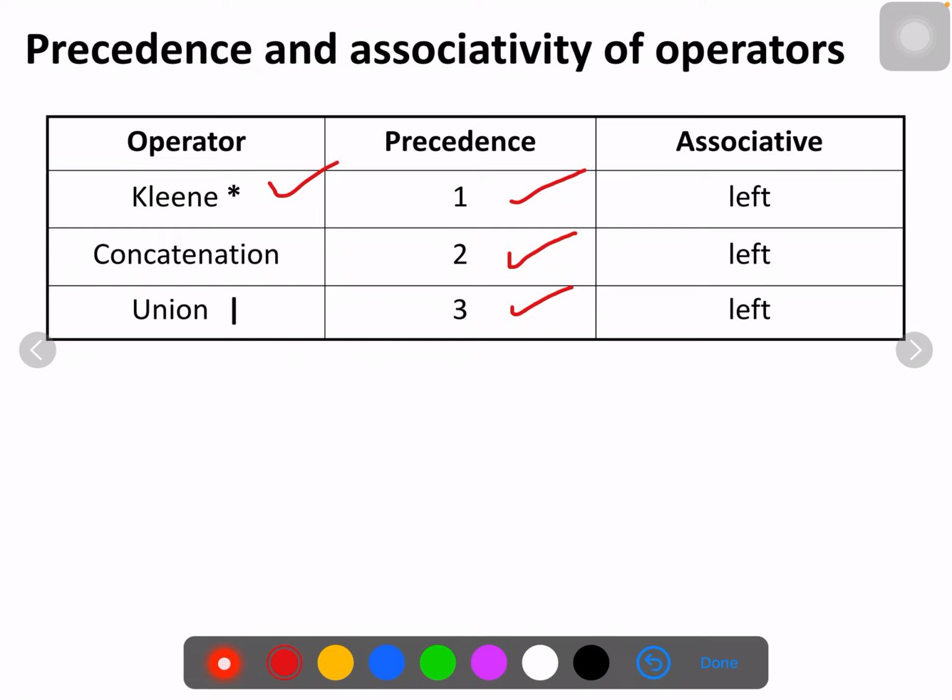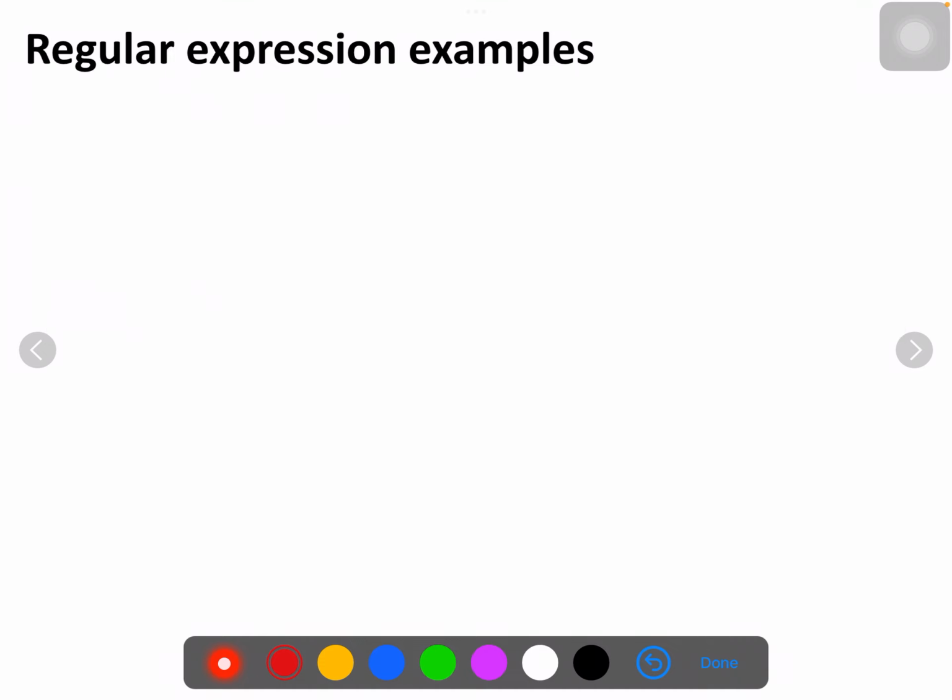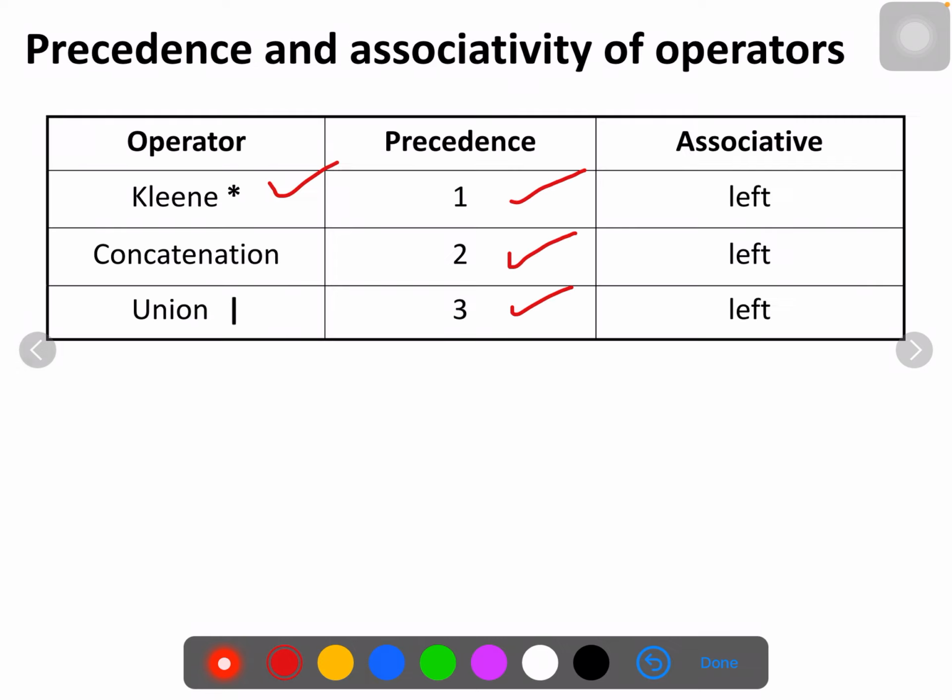Star has the highest precedence among these three operators, concatenation is second, and union is third. These are the three precedences you need to remember. This is important for solving or simplifying a RE, right? We'll see examples of this.